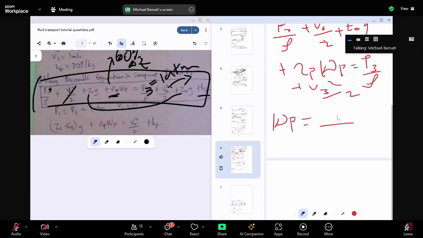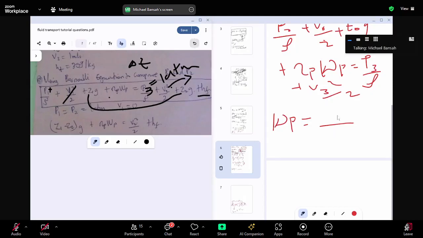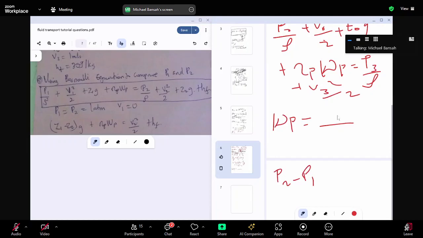So if I get the work of the pump, the next thing to do is to now go and use the first Bernoulli we did between point 1 and point 2. Our first Bernoulli was between point 1 and point 2. That will help us find P2 minus P1 over rho.